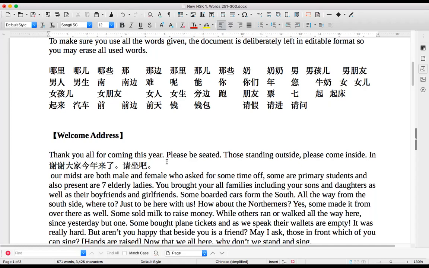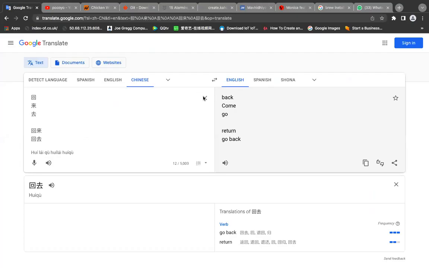Let's see what words we have here. Let's get the tones right as well, because you remember we have the third tone, and we have na. Yes, na, correct. Sorry, I forgot to copy this out.